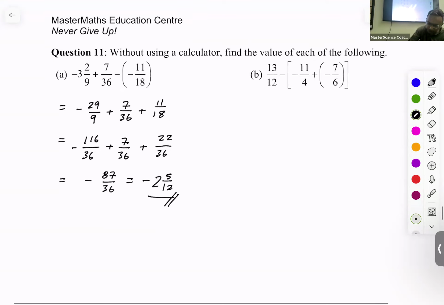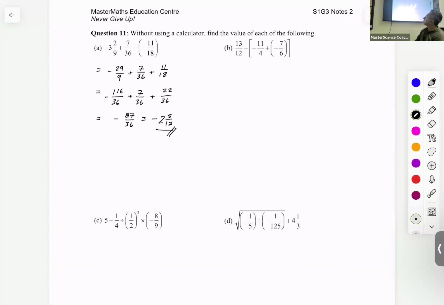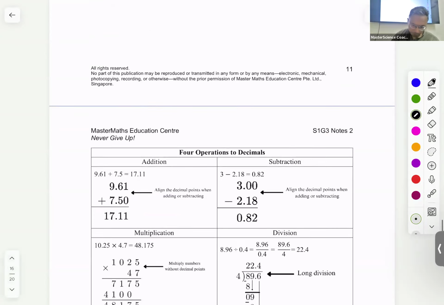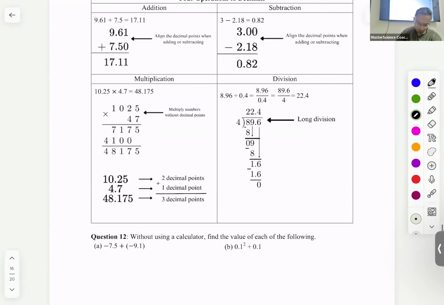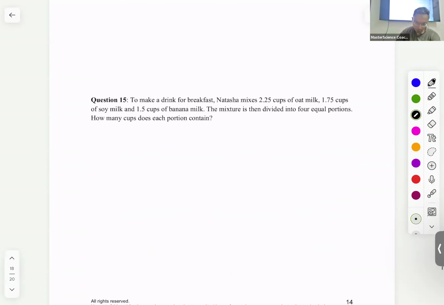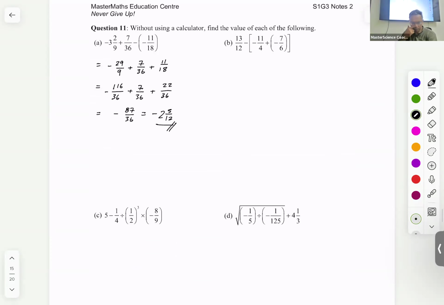Okay, so now do for me B, C, and D. So focus on the working here, and then your board mass. I think D, never mind. D do it as homework.